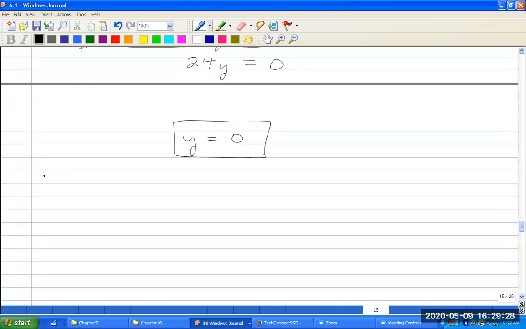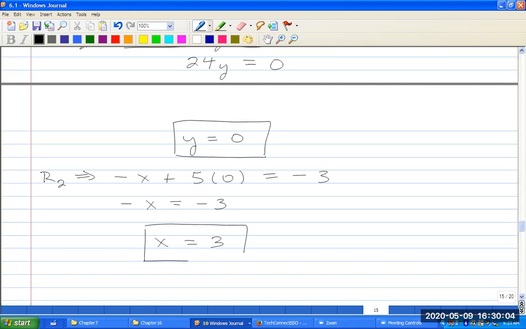R2 now becomes, when I replace y by 0, negative x plus 5y equals negative 3. And so I have negative x plus 0, negative x, equals negative 3. Divide both sides of my equation by -1. So x is equal to positive 3.